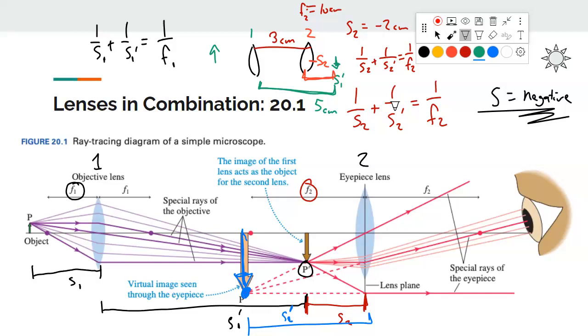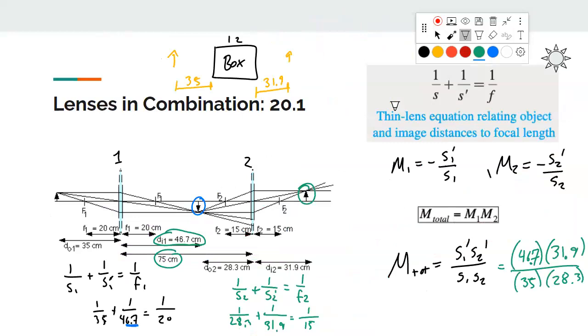Our S2 is also positive, but our S2 prime is negative. And so you can see that the object is an upright arrow, but that this virtual image that we see is an upside down arrow. So that tells you that the overall magnification in this situation is negative. Whereas here, they kind of cancel out, right? Lens 1 has a negative magnification, it flips it, but lens 2 also has a negative magnification, it flips it again. So it really depends on your system, but you can see that it can go either way.